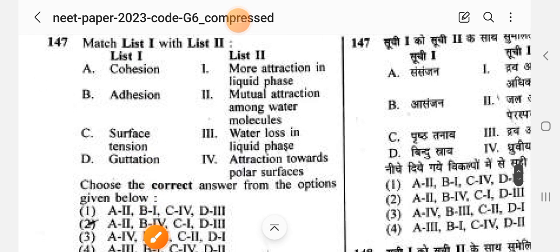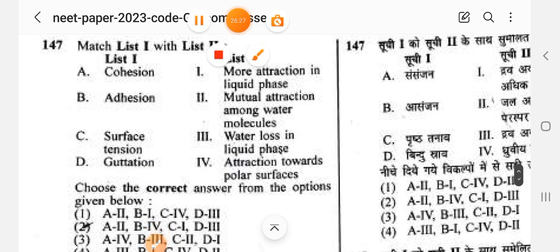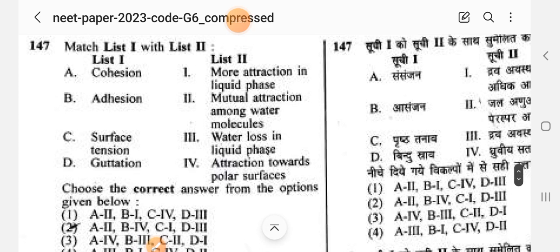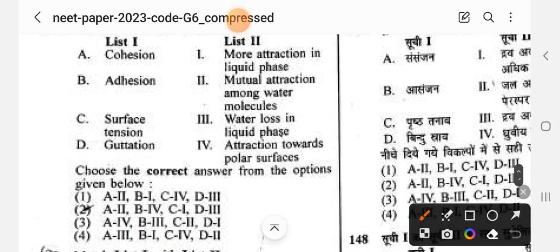So coming to the next, cohesion, guttation, surface tension, adhesion. Guttation is third, loss of water in liquid form. So first we check D का third, so दो आंसर आ गए हमारे पास. So next is surface tension, attraction towards polar surface, a mutual attraction among water molecules.